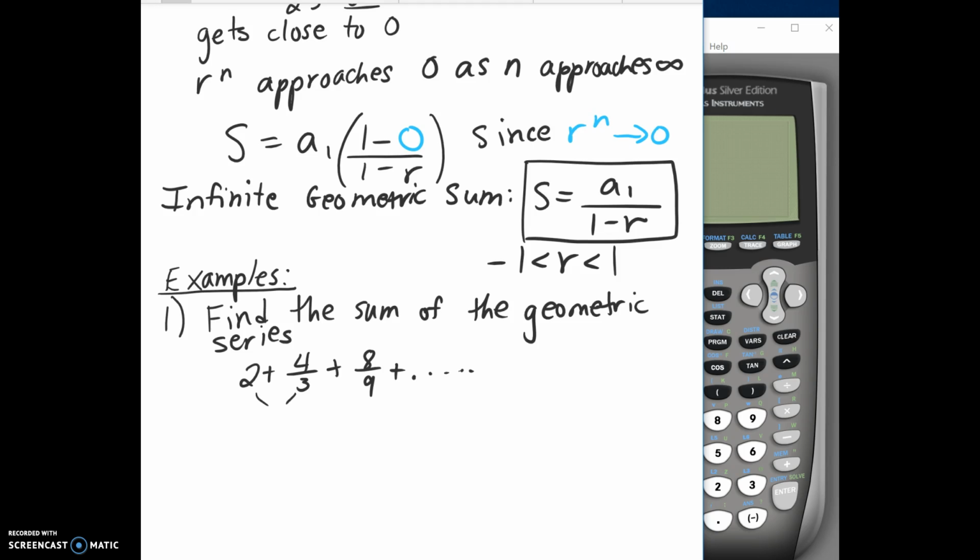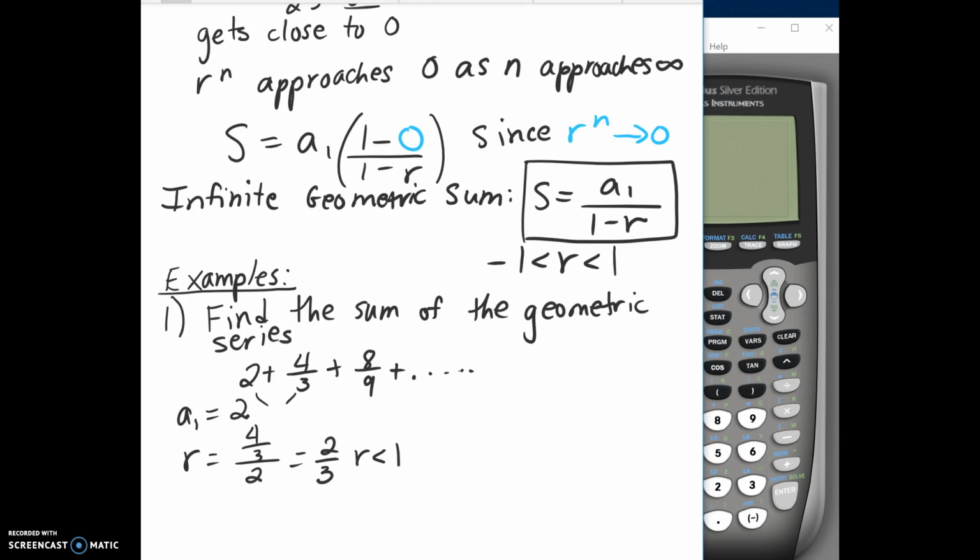We know that it's geometric; we should be able to tell that by looking for a common ratio. So our first term is 2, that's important. And our ratio we get by doing the second term divided by the first term. So 4/3 divided by 2, I get a ratio of 2/3, or what you would have to multiply to get to your next terms.